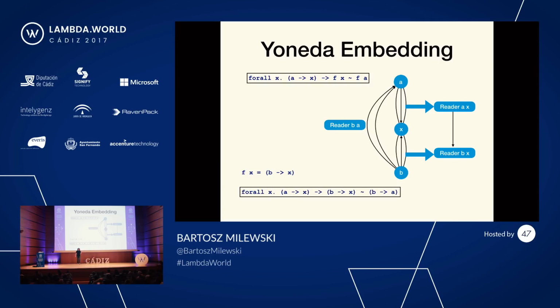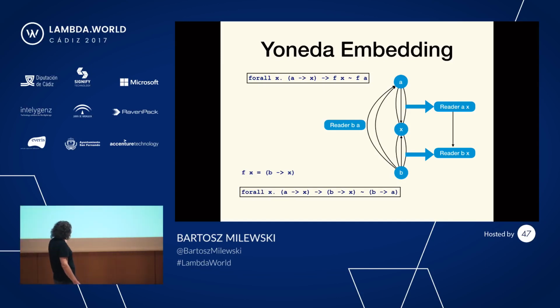It's a different reader. It's a reader from B. The first reader is from A. The second reader is from B, right? And if so this is my fx. If I replace x with a on the right-hand side of the Yoneda lemma, I will get fa is function from b to a. All right? So it's b to a.